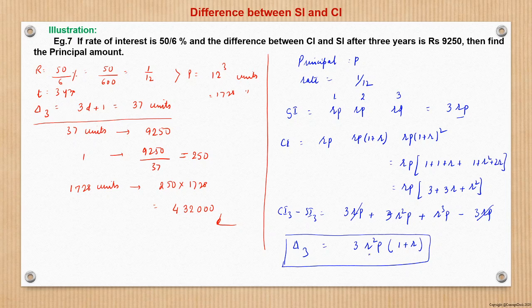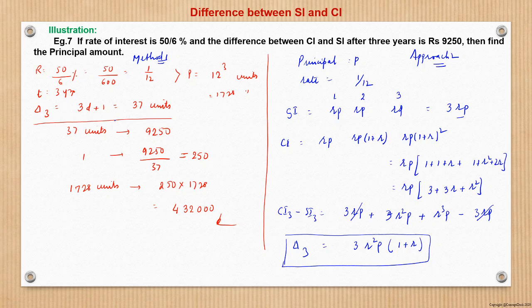Otherwise, had the question been wherein R and P were given, then delta 3 we can just find by substituting the value, right? So this is method 2, approach 2, we can take in certain cases. However, method 1 is very useful in such cases, right?